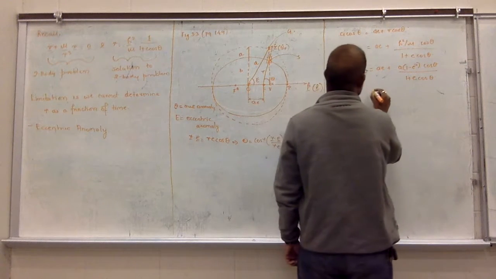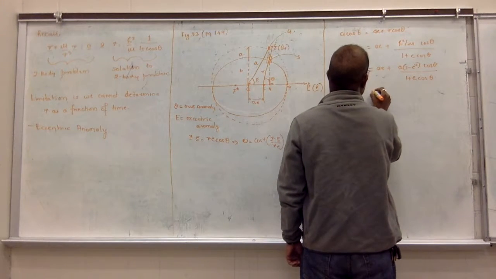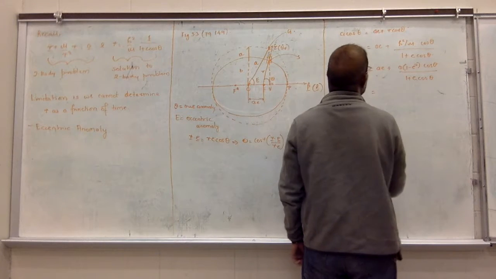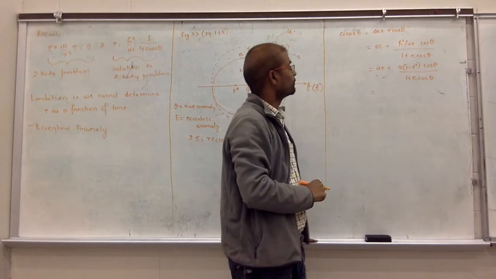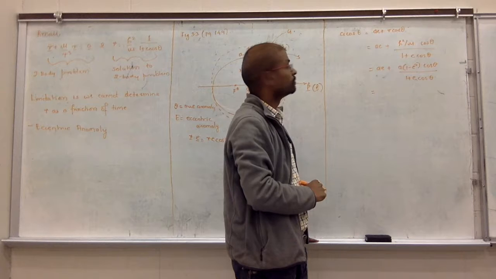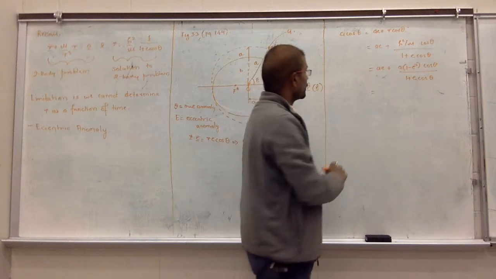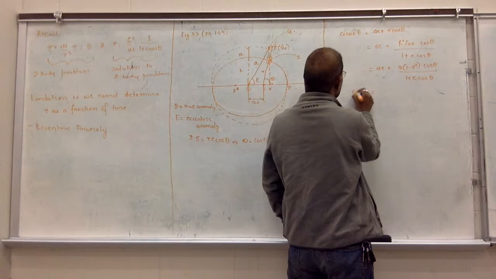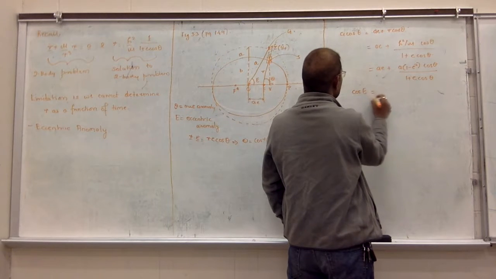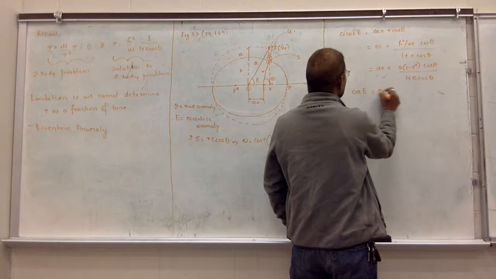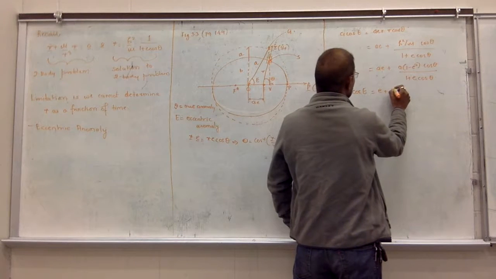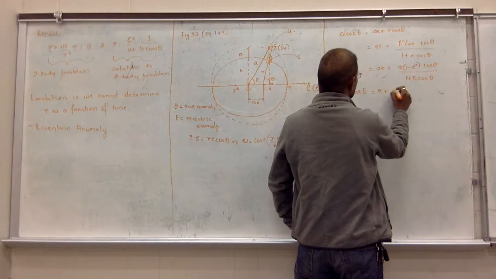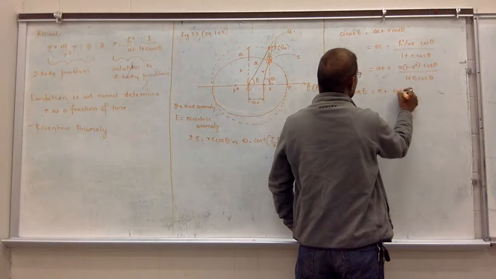And if you simplify this, what happens to the cosine E? You just go on one side. Cosine E is as it is. So what I can do is write this as cosine E is equal to E plus, divided by 1 plus E.